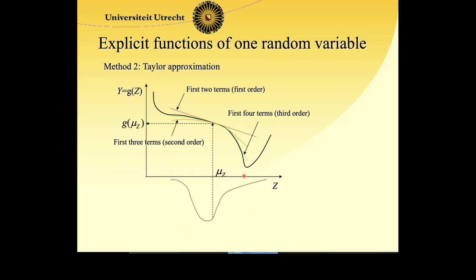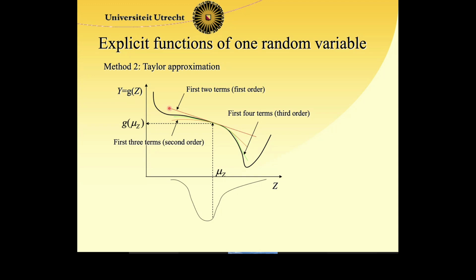This is z, and we know not the complete probability distribution of z, but only its mean and its variance. And this is g, the function g evaluated at the mean value of z. What we want is to calculate the mean of y and its variance. And as you can see, this is the real function.